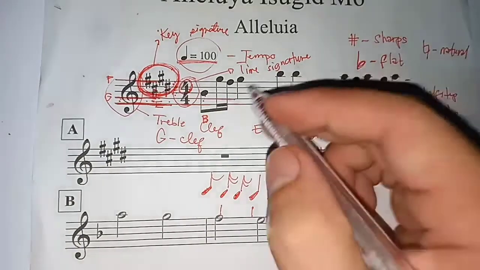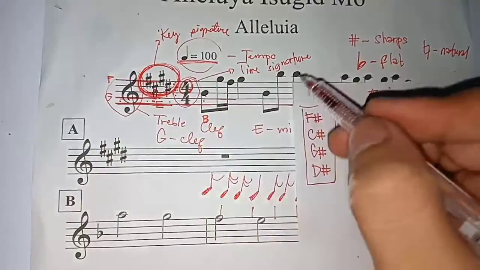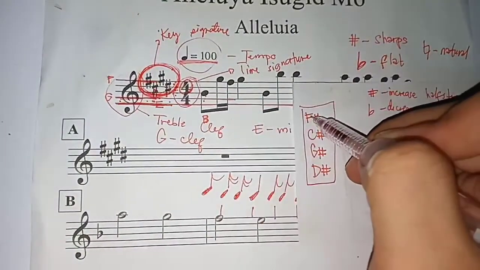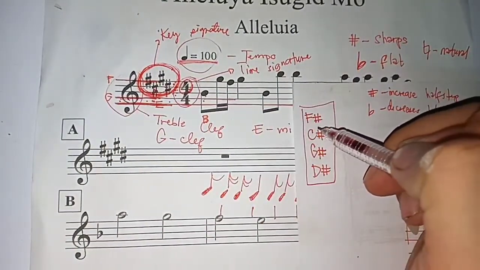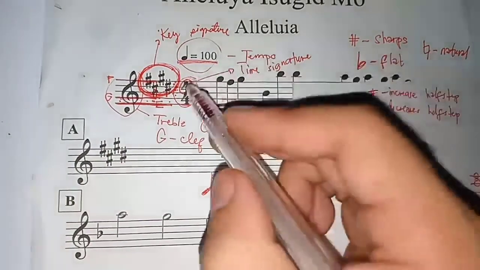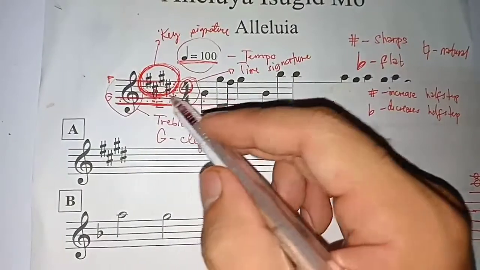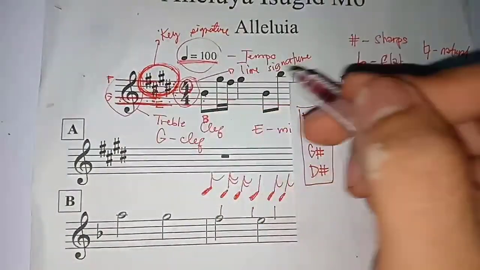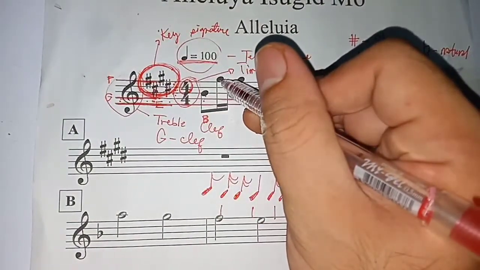It means if we encounter notes located on these lines, we have to put a sharp or flat, depending on what the key signature indicates.